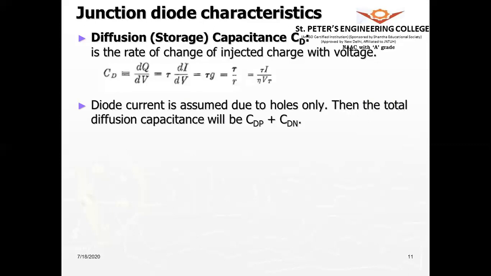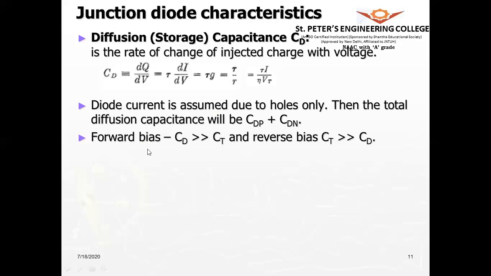Then the total diffusion capacitance will be the diffusion capacitance of the holes plus the diffusion capacitance of the electrons, that is CDP plus CDN.